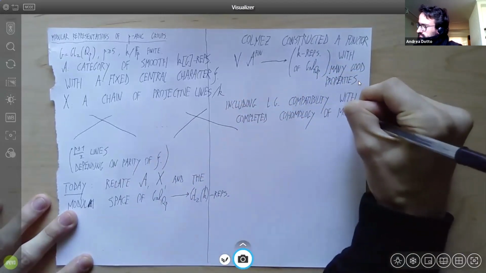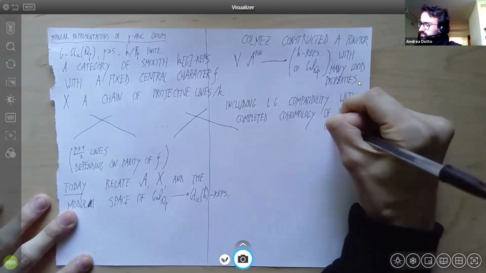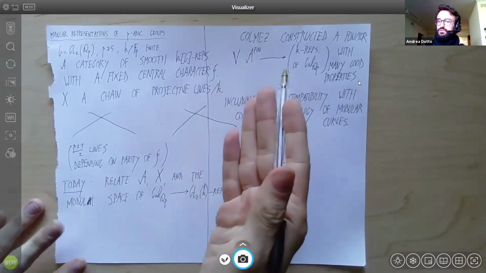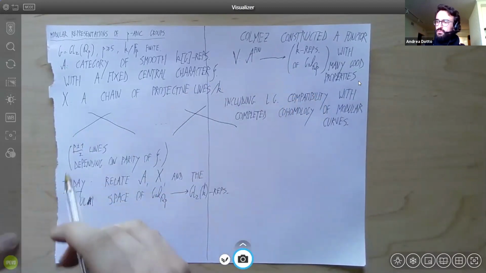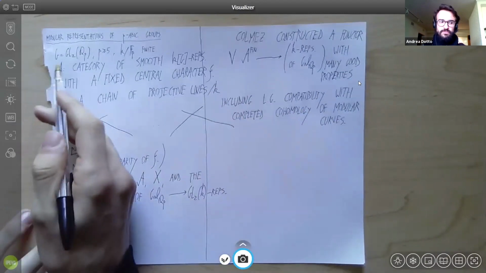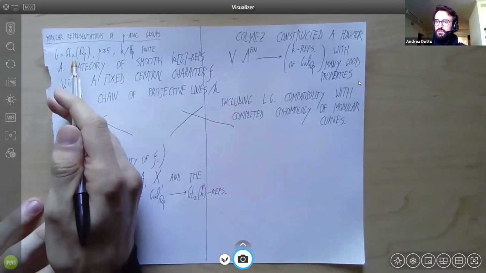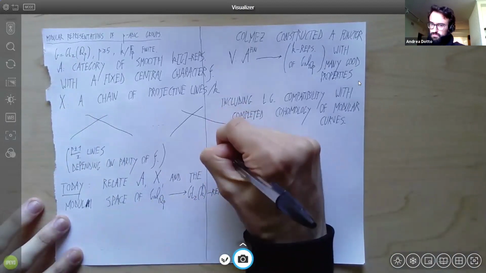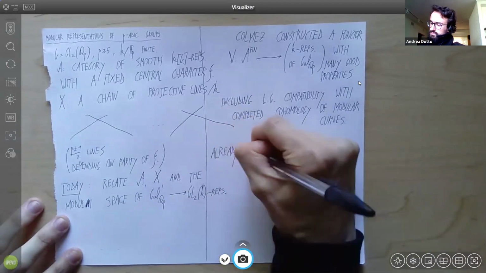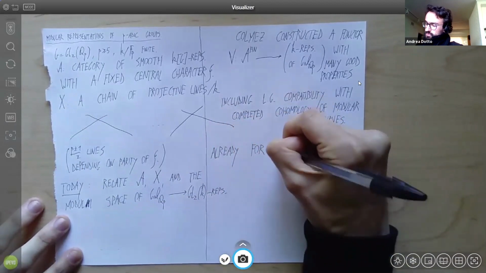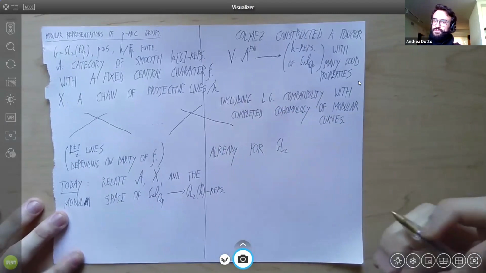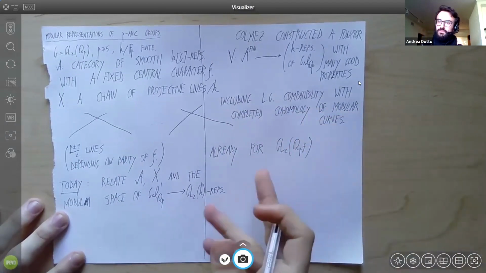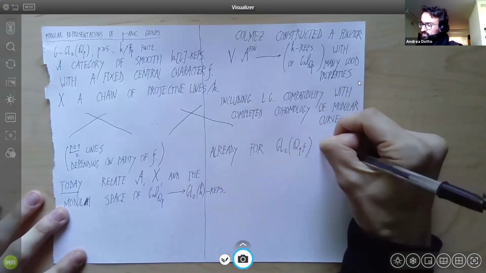And for this reason, it would be, of course, very interesting to have such an object for other kinds of p-adic groups. But it turns out that even for groups that look very similar to GL2(Qp), the situation is a lot harder. So for example, already for GL2 over a finite ramified extension of Qp, so already for GL2 over F, a ramified extension of Qp of degree f, the representation theory is a lot harder.